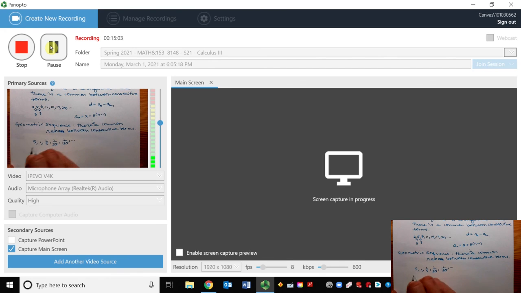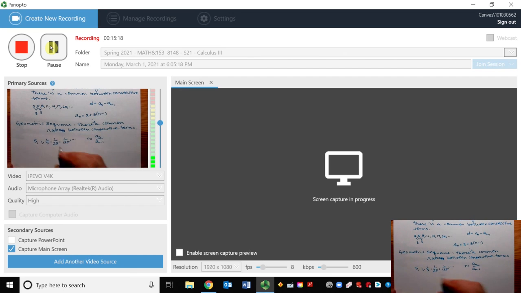If I do division between any two subsequent terms, I get the same result. So that common ratio, a sub n divided by a sub n minus 1, is a common ratio. In this case, it is 1/5.